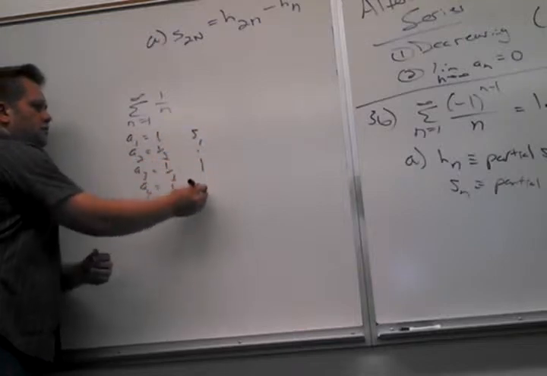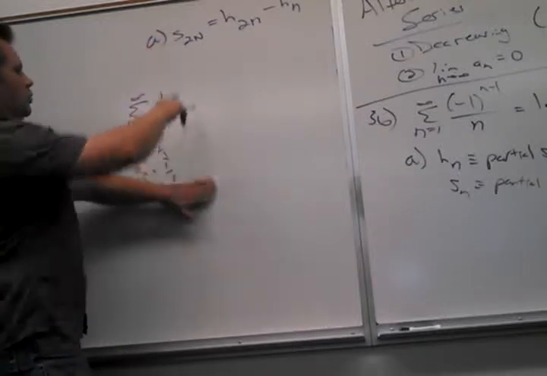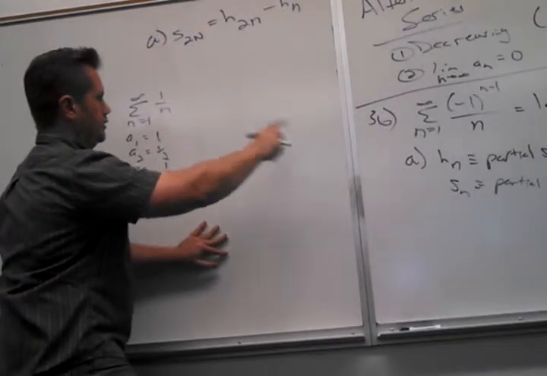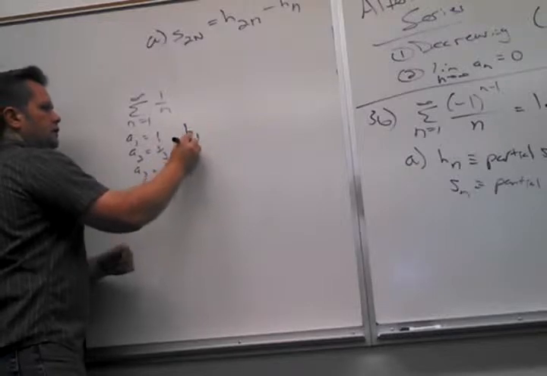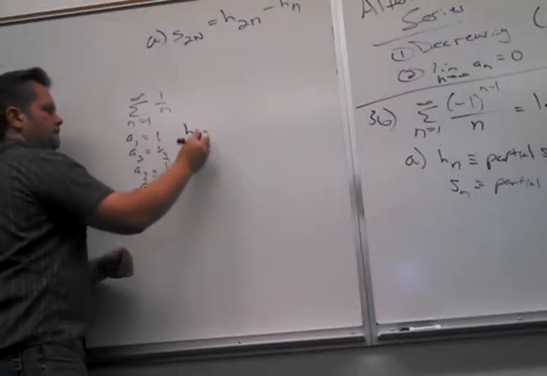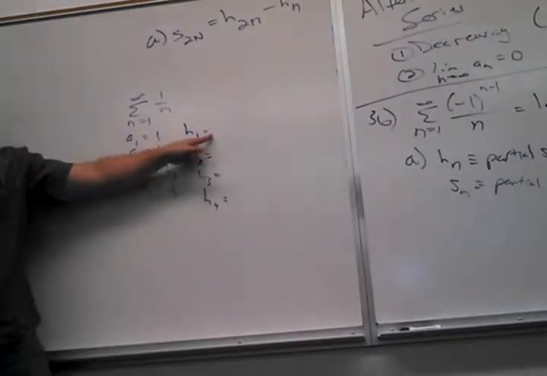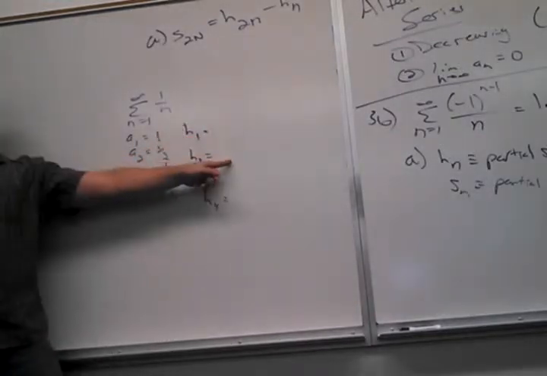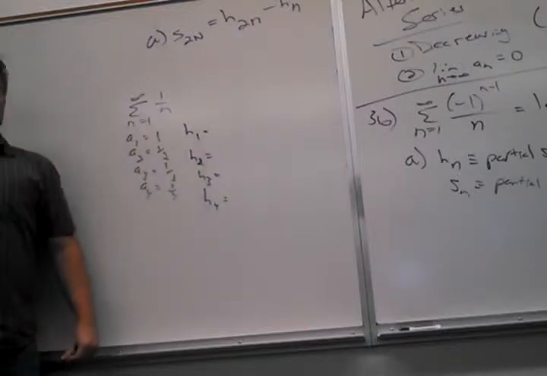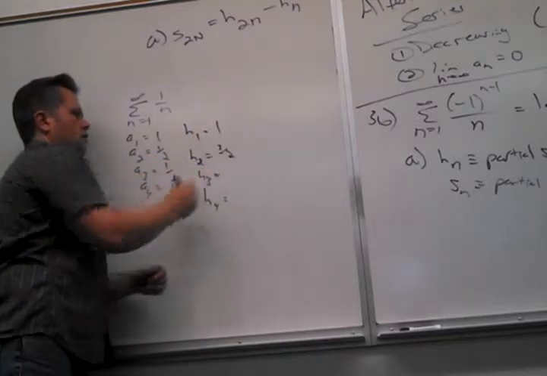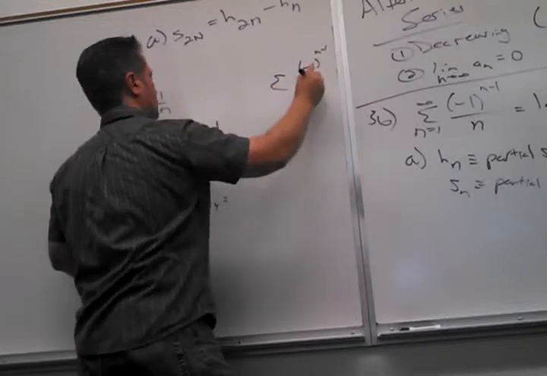So then I can do his sums. And actually, let's use the same terminology they use here. They call this guy H for the partial sums, just to keep it separate from the other guy. So H1, of course, would be 1. H2 would be 1 plus 1/2, exactly. Cool. Now do the same thing for this guy, the alternating version.